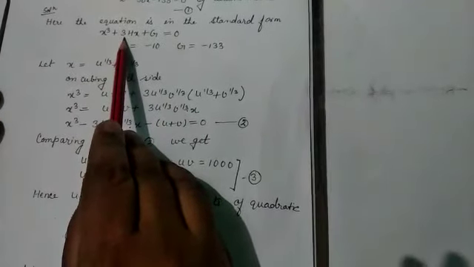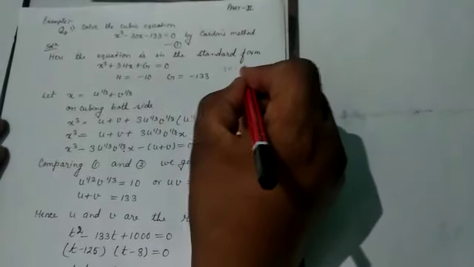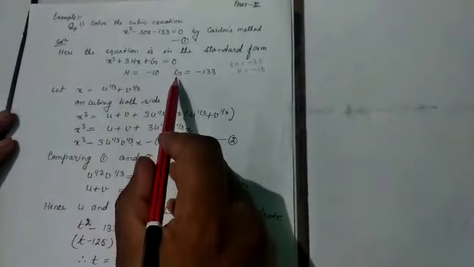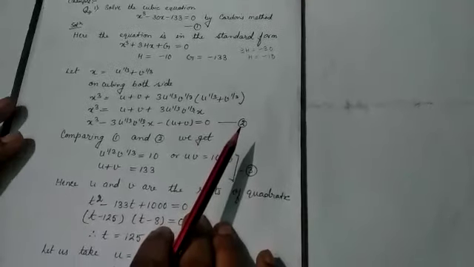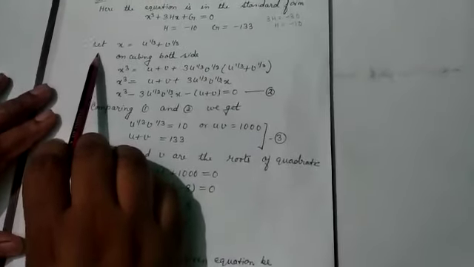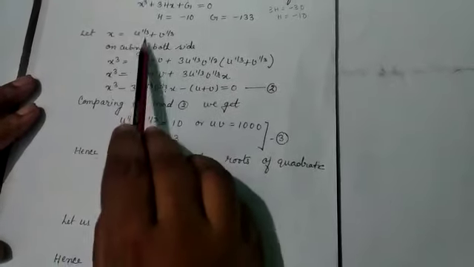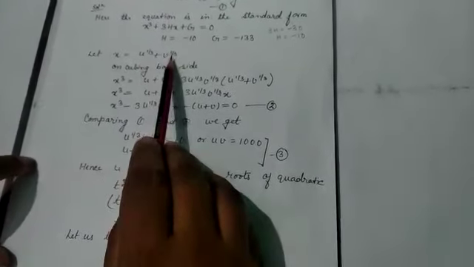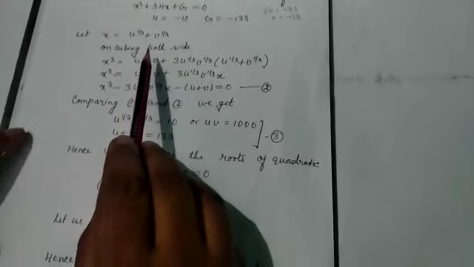When we equate 3h with minus 30, we get the value of h to be minus 10 and the value of g will be minus 133. Let x be equal to u to the power 1 by 3 plus v to the power 1 by 3.